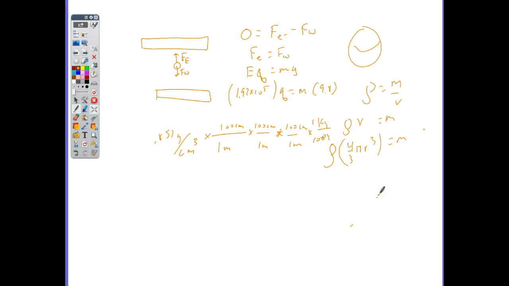I'm converting the kilogram and the centimeters cubed. I have 6 zeros on top, 3 zeros on the bottom, so it gives me 3 more zeros. This gives me kilograms per meter cubed, right?